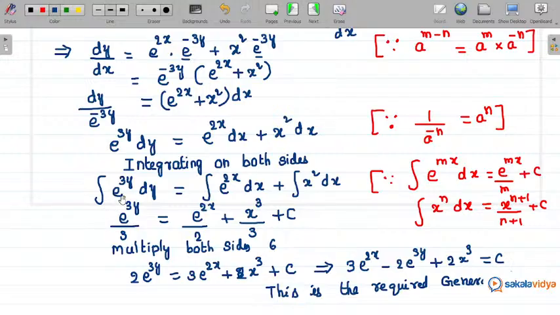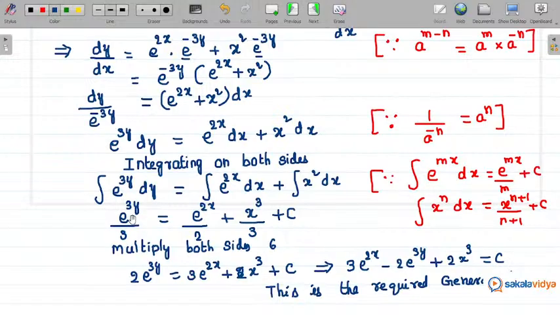So, now integral of e power 3y dy is e power 3y by 3 equals integral of e power 2x dx is e power 2x by 2, plus integral of x square is x to the power of 2 plus 1 by 2 plus 1, x cube by 3, plus constant of integration.